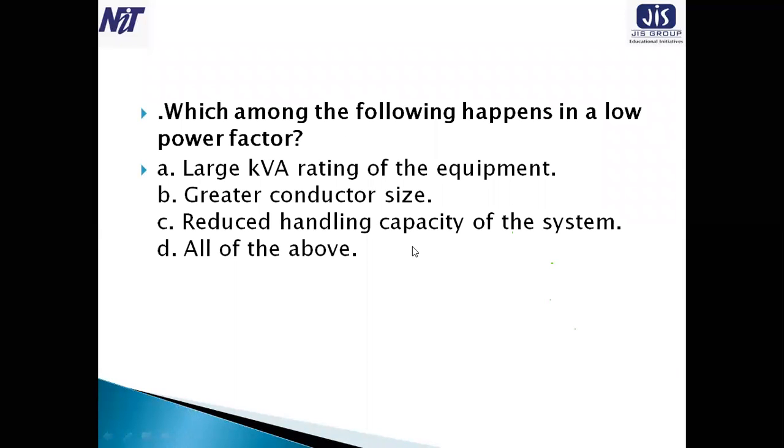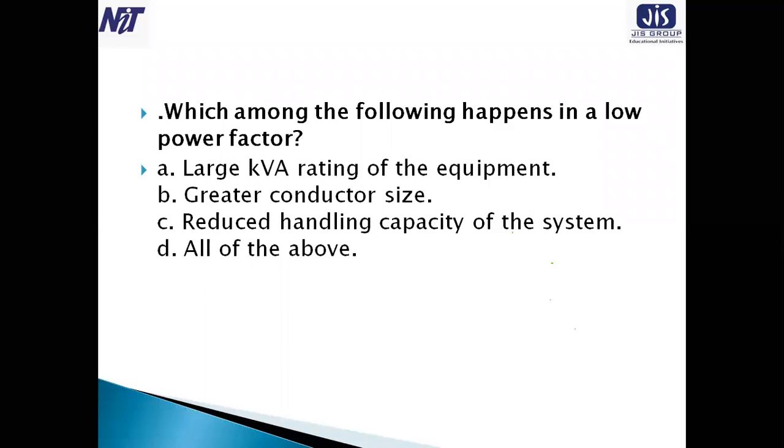Next question. Which among the following happens in a low power factor? So in case of low power factor, what happens? Number one option, large kVA rating of the equipment. Yes, it may happen. Large volt ampere rating. Greater conductor size. Yes.